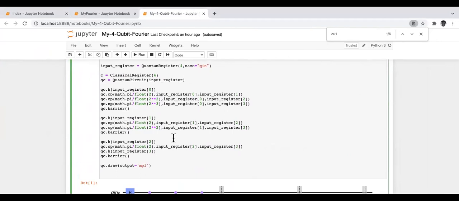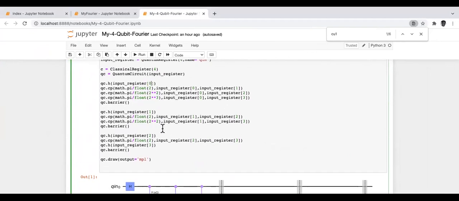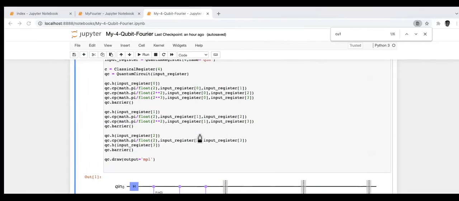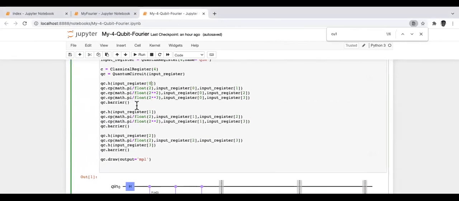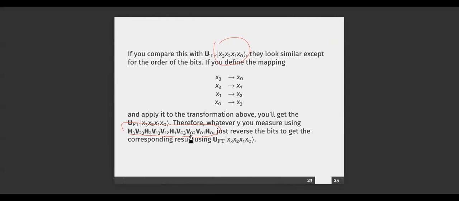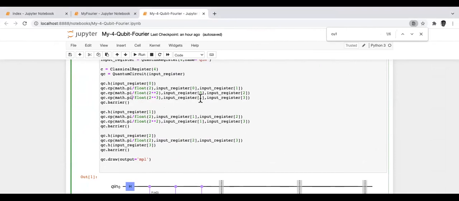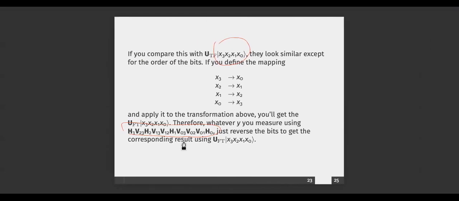First you apply the Hadamard to register 0, and then you apply the controlled phase rotation for register 0 and register 1. Then you apply the controlled phase rotation for register 0 and register 2, and then for register 0 and register 3.